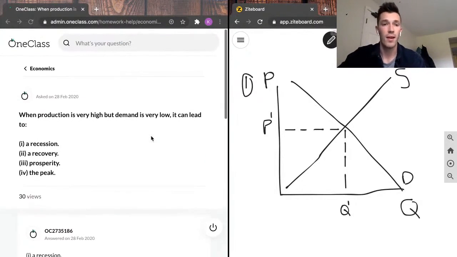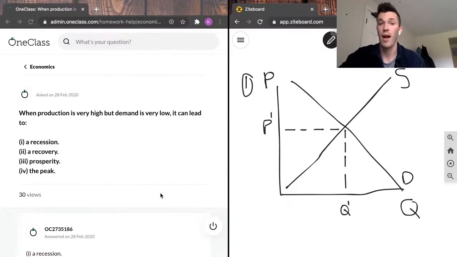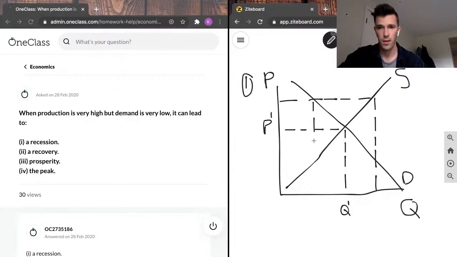Now, what we have here is a situation where production is very high, but demand is very low. So what that means is that there's more supply than there is demand, or that we have excess supply. So for example, that may mean that there's this level of supply. Now when there's more supply than there is demand, the supply curve is going to cross the demand curve at 2 points.